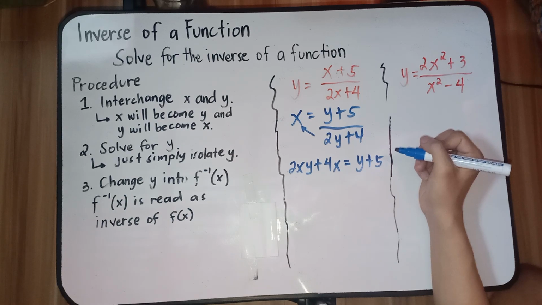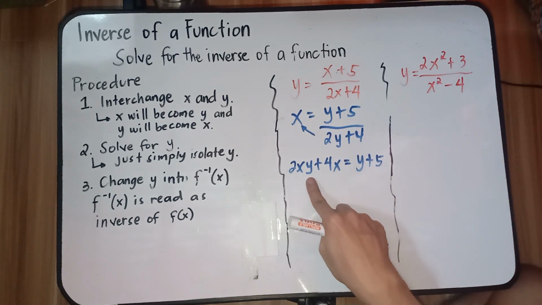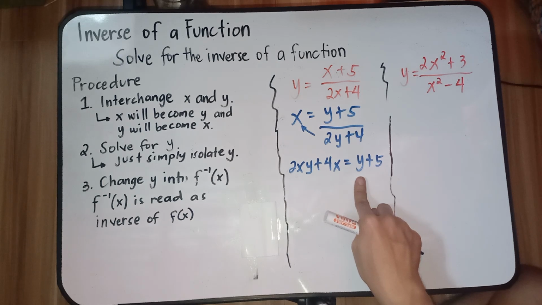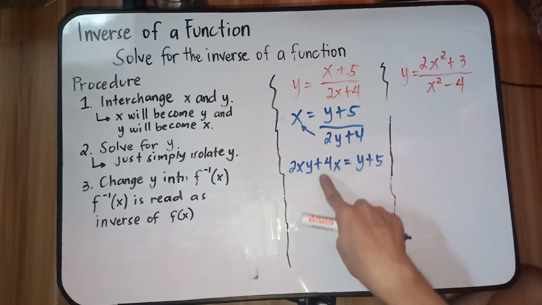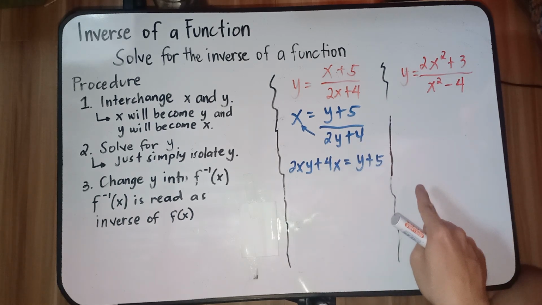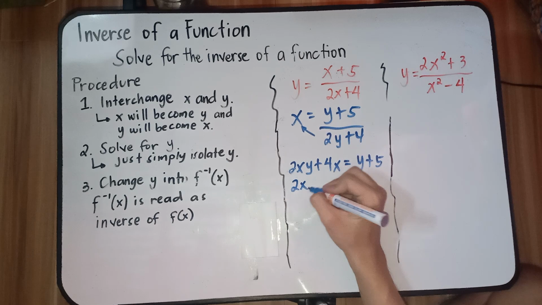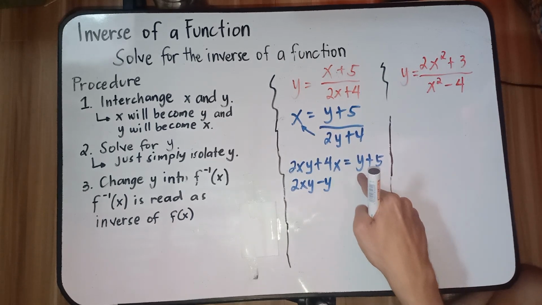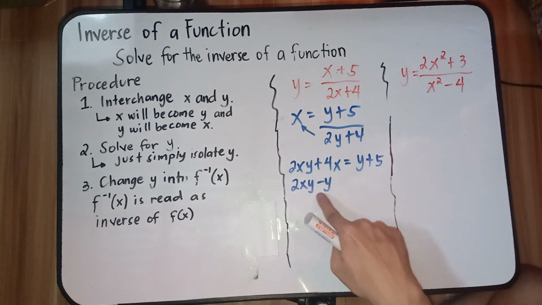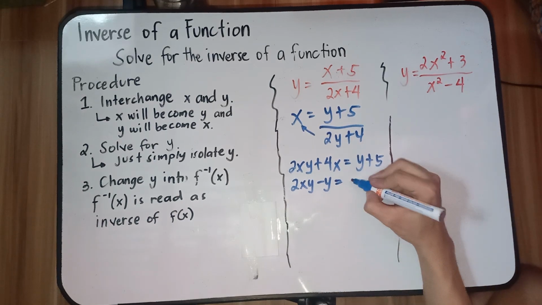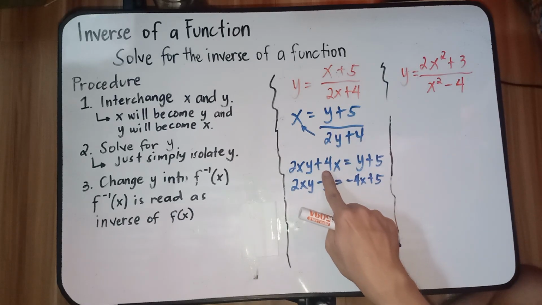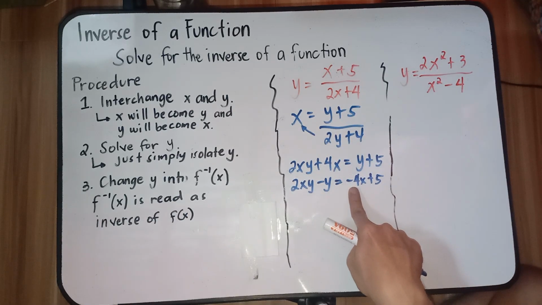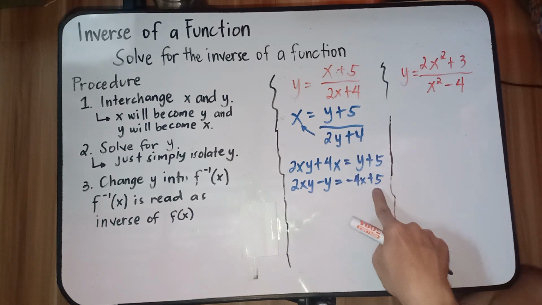Next, since we have 2xy and y on the other side, to combine them, we need to put them on the same side. So transpose y and transpose 4x onto the other side. So we have 2xy minus y, since positive, when you transpose positive, that will become negative, is equal to negative 4x plus 5. Since 4x is positive, when you transpose that, that will become negative. 5 is still positive since we do not transpose 5.